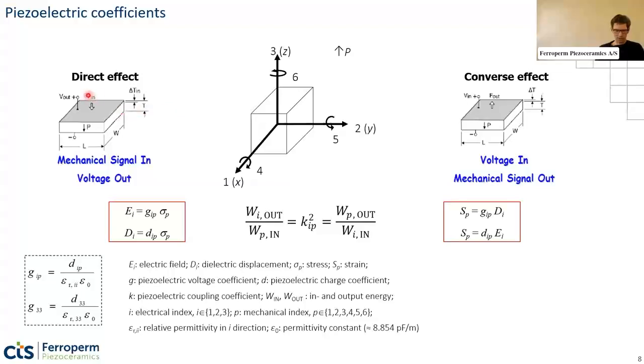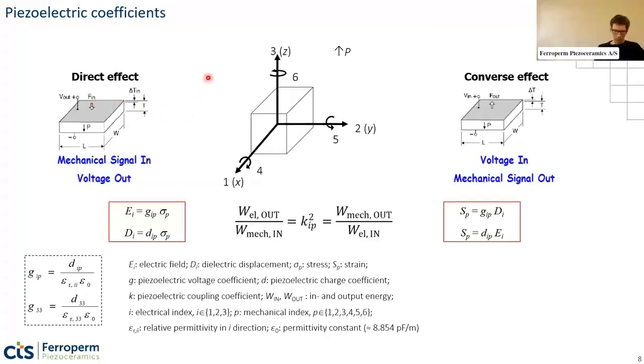And in this case of a plate with electrodes in this direction, and looking at the vibration in this direction, it will again be K33. But you could imagine other values of I and P if you apply the stress in a different direction, or if you measure the voltage in a different direction.